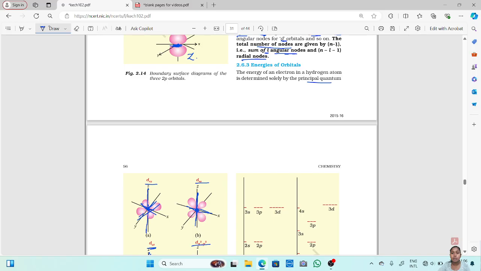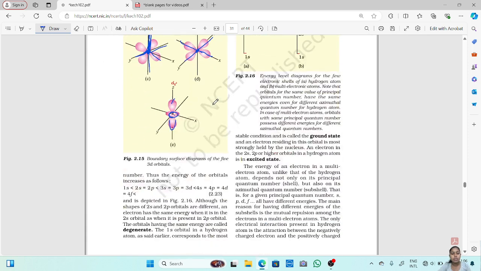For a hydrogen atom and hydrogen-like species, that is He plus, Li 2 plus, it is solely determined by the principal quantum number because they have only one electron in them.